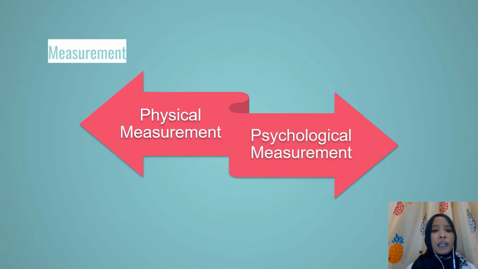But psychological measurement is something more abstract, like intelligence, self-esteem, or the intention of doing a particular behavior. Those are psychological measurements, something more abstract.